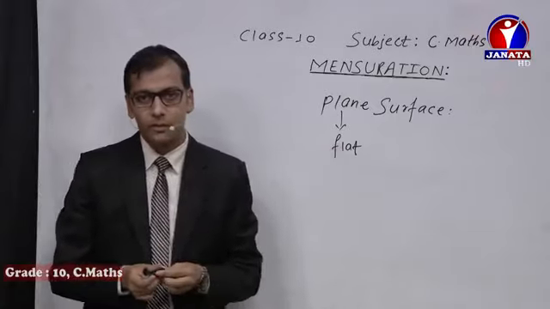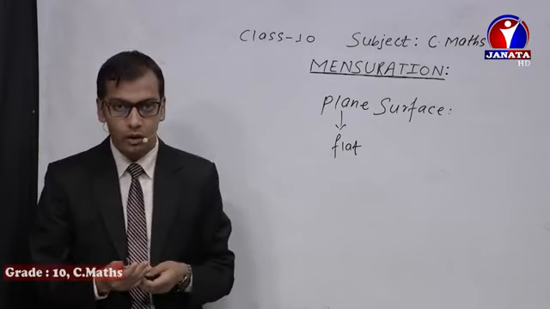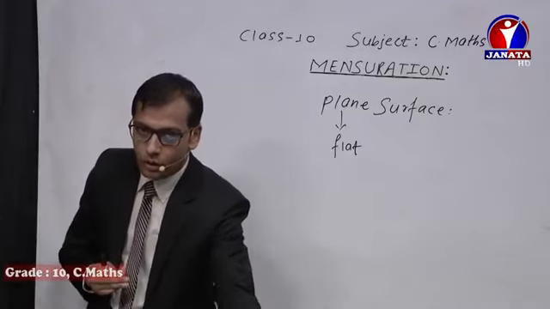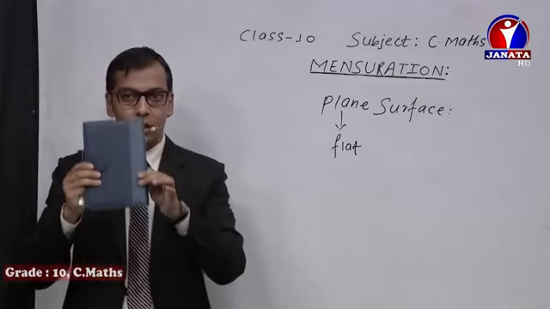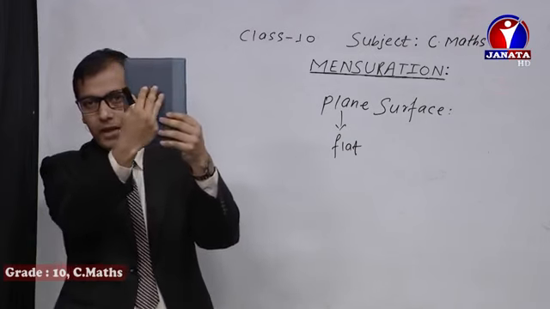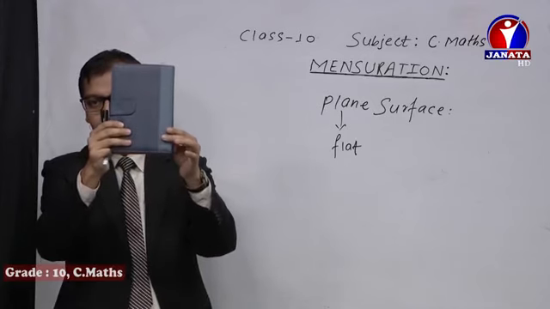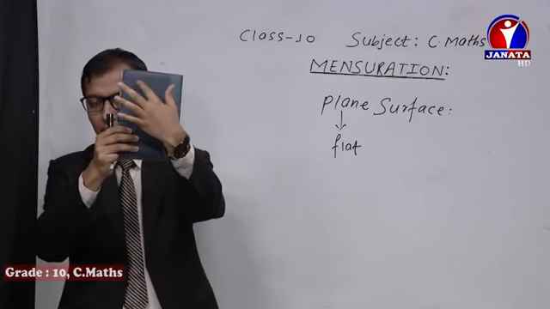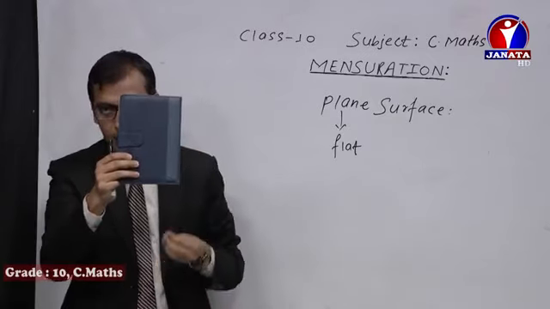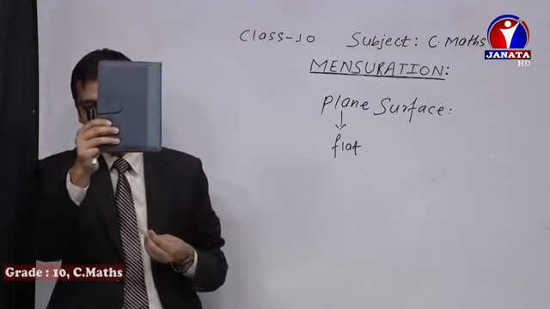For example, there are many objects which have a flat surface or plane surface. Like I can show now a notebook. If we look at this, its surface is plane, and it has length and breadth. So I'm talking about the surface of this notebook. I'm not talking about the whole notebook, only its surface.